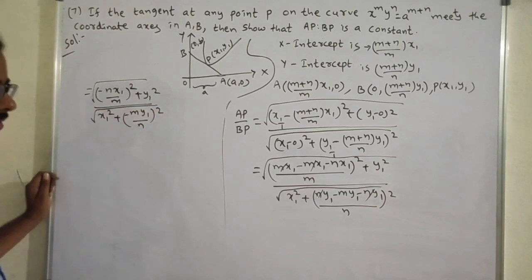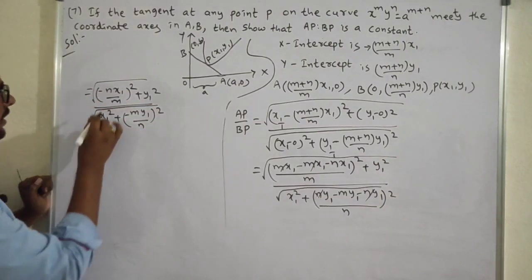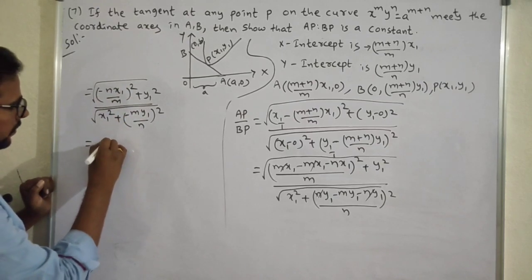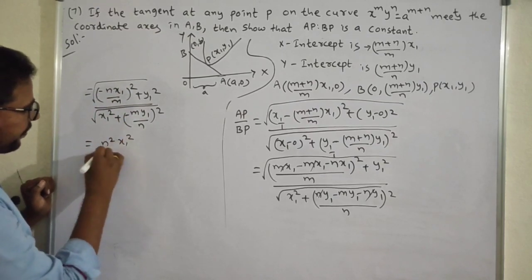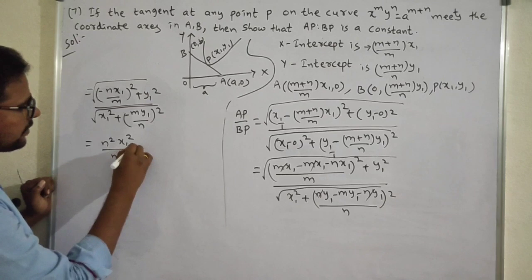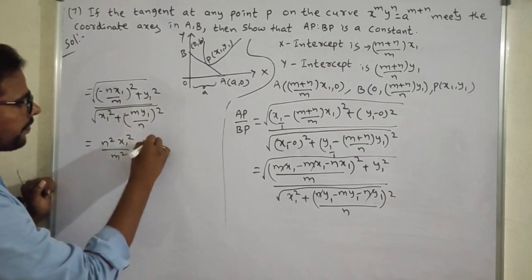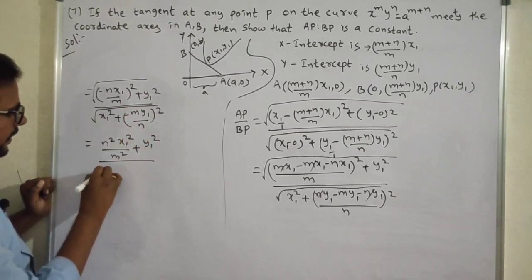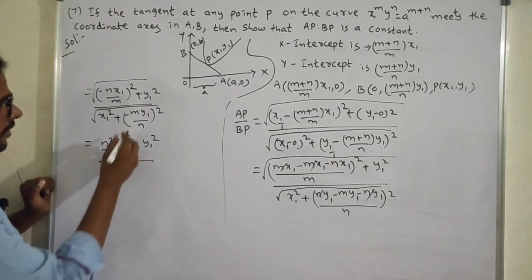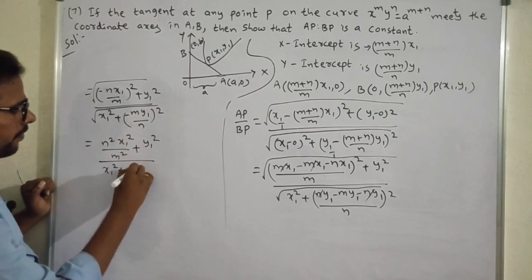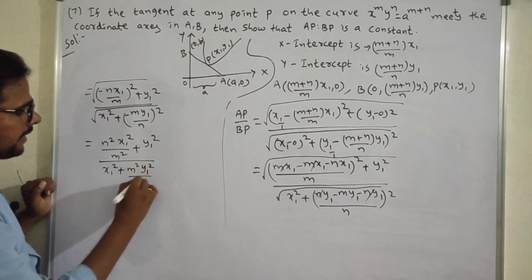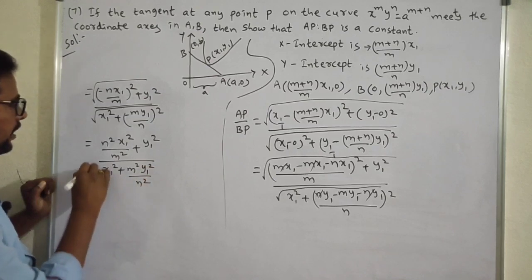Whole square under root. So squaring, n square x1 square by m square plus y1 square, divided by x1 square plus m square y1 square by n square, total under root.